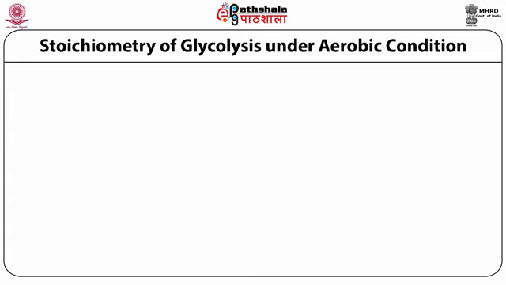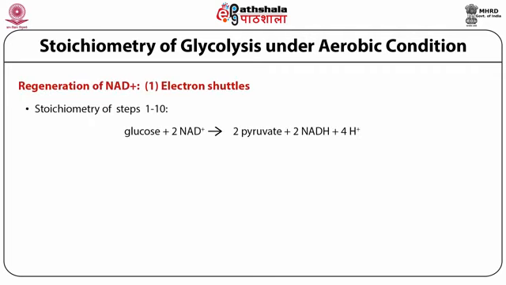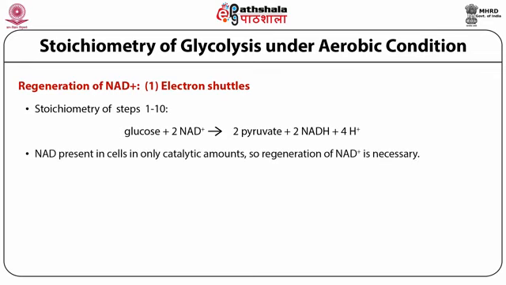If you see the stoichiometry of glycolysis under aerobic condition, glucose is converted into pyruvate and 2 molecules of NADH are formed. In the cell, NAD plus is present in catalytic amounts, so regeneration of NAD plus is necessary.